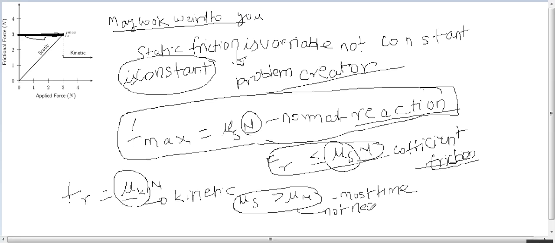In some cases, if you see that this is not satisfied, you should not panic. You have to solve the question. Also, the value of mu_s or mu_k may be greater than or equal to 1.